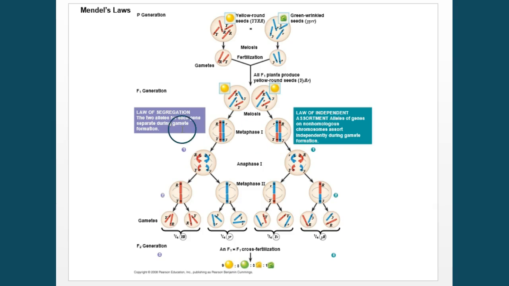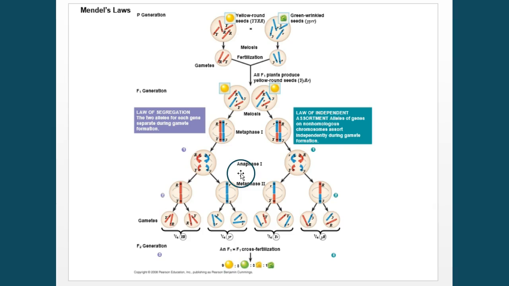So how they line up at metaphase and how the chromosomes sort during anaphase and into telophase to produce your new gametes all depends on how those chromosomes segregate from each other. Does this make sense?